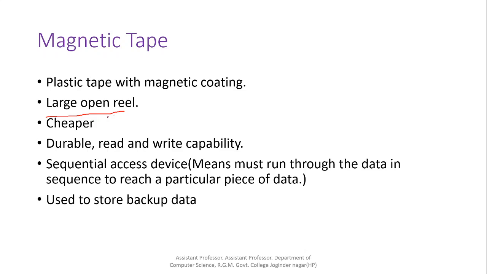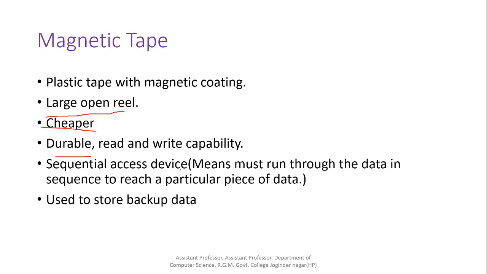Magnetic tapes are cheaper storage media, and they are durable and can be written, erased and rewritten. And magnetic tapes are sequential access devices.